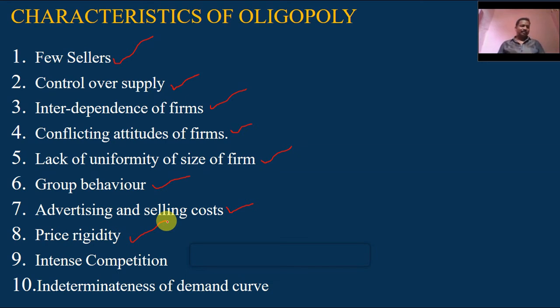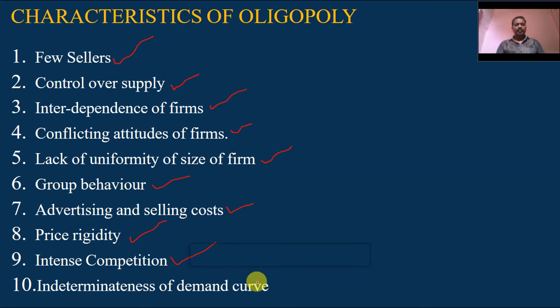One leader or dominant firm fixes the price, and the other small firms accept the price. So there is price rigidity in the market. Then there is intense competition, and also aggressive and defensive marketing methods in the market.